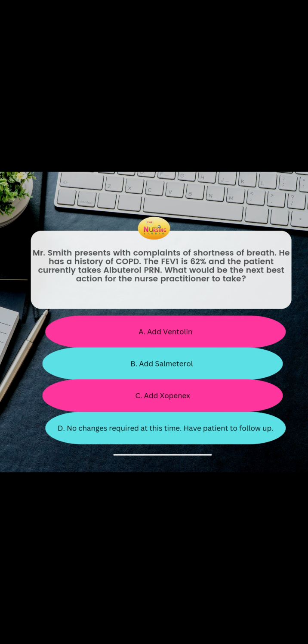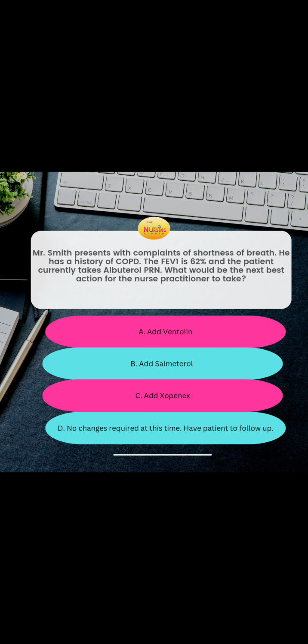Because when you have things like this, cluster it, think of it in a range, and then everything that falls in between becomes a little bit easier. So for the mild stage, the FEV1 is no lower than 80%. For the moderate stage, it's anywhere between 50 and 80%.